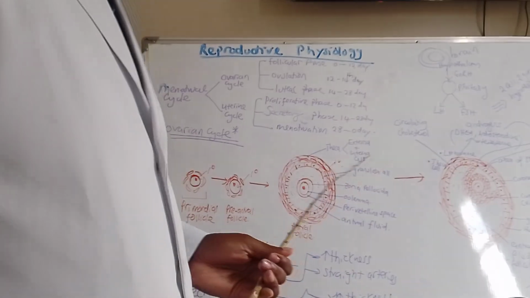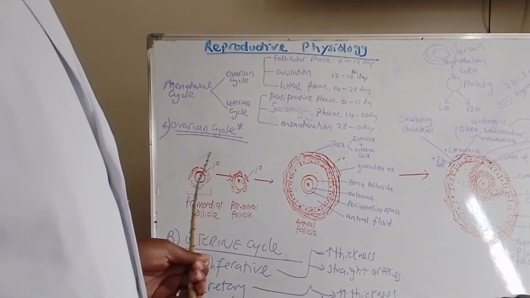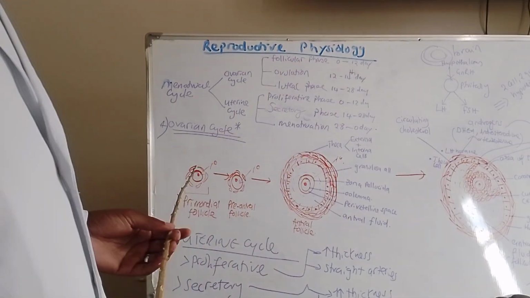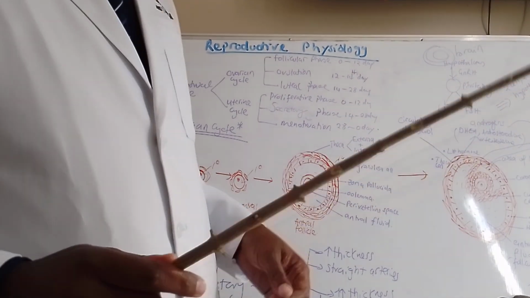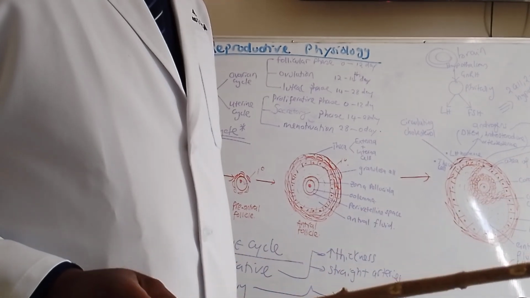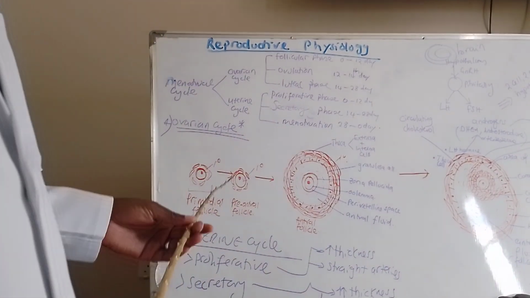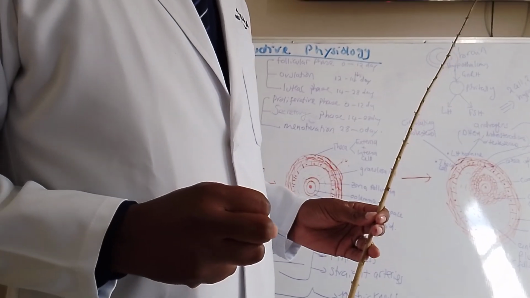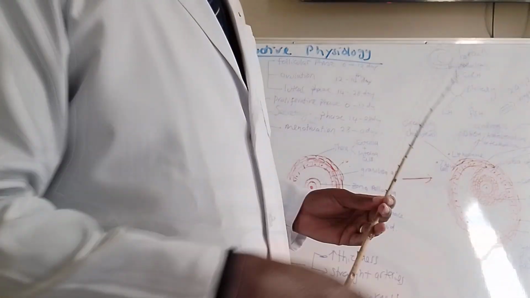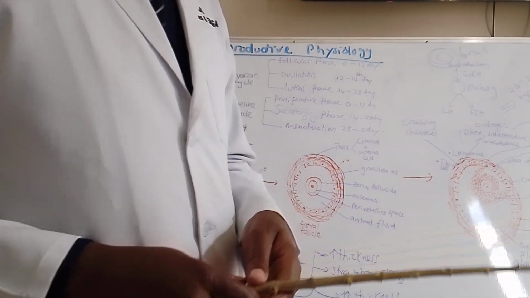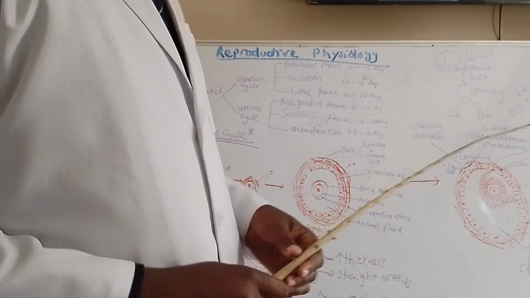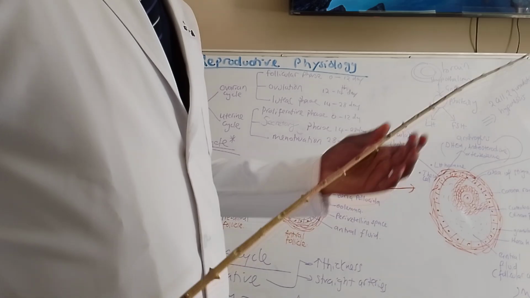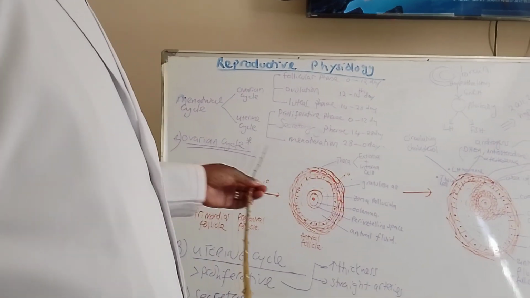Antral is fluid. So this process takes almost 3 months. However, what is funny is that once a girl reaches puberty, about 300 of these primordial follicles will be recruited per month to undergo further development. As if we have picked you, Dr. Simpugetsi, you are going for further training to do a PhD. Okay? So these will be recruited.